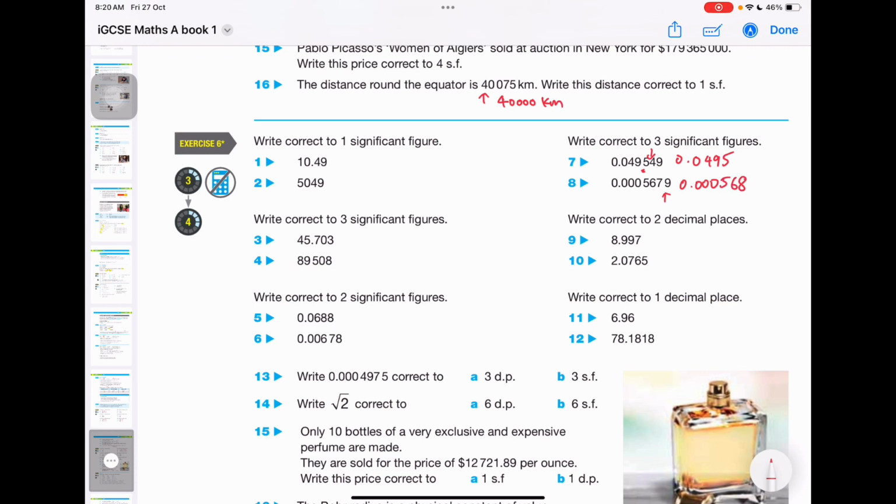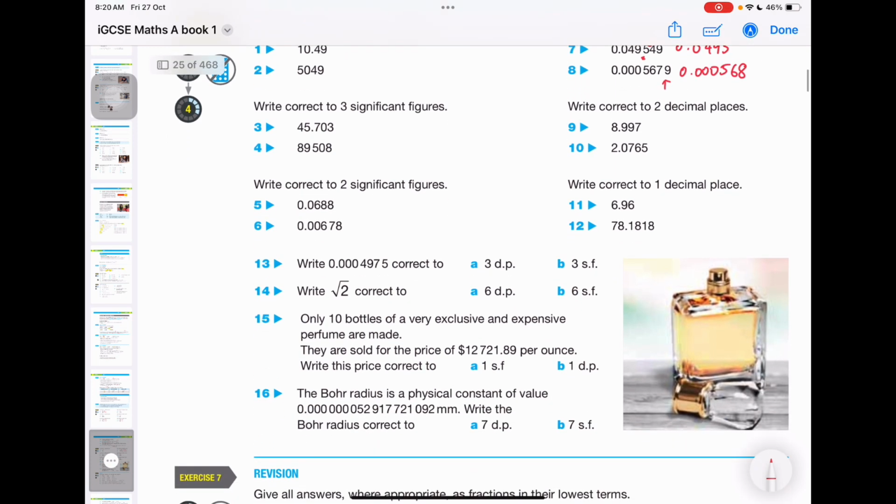Let's see what's the next one we can try. So we have question 13, where we're going to touch on dp and significant figures. In this case, 3 dp. We're going to start at the decimal point 1, 2, 3. So we are looking at number 4. In this case, it is less than 5, so therefore this answer is 0.000. It might look a little bit weird, but we are just answering the question.